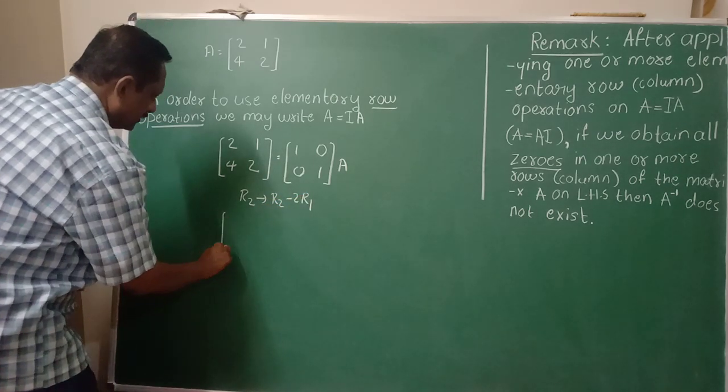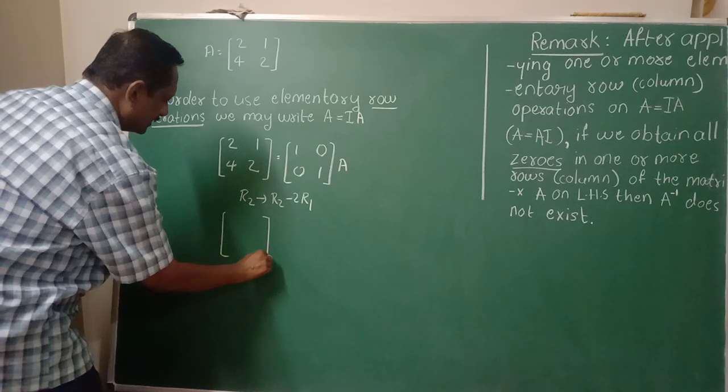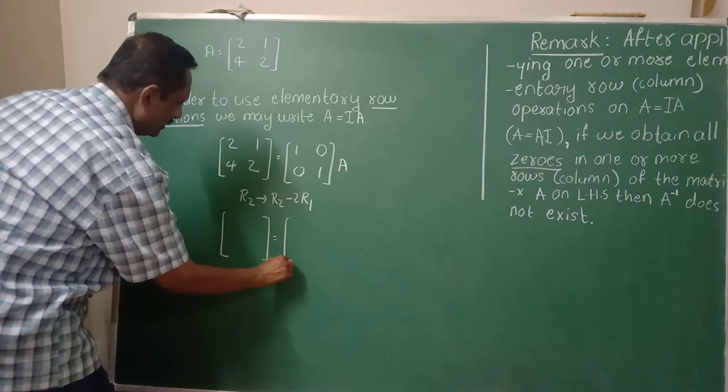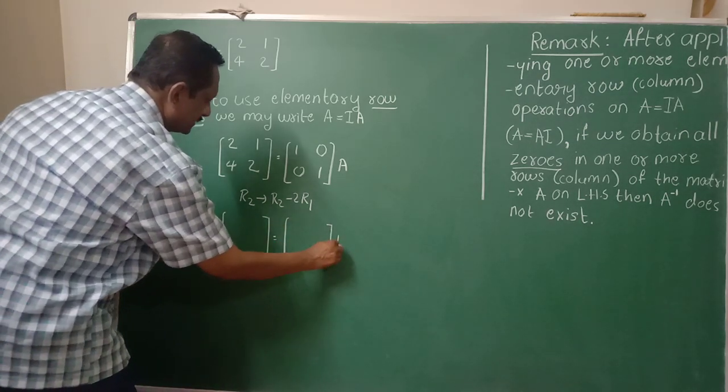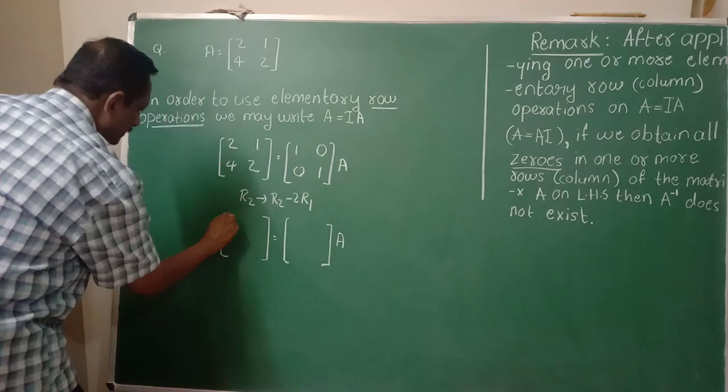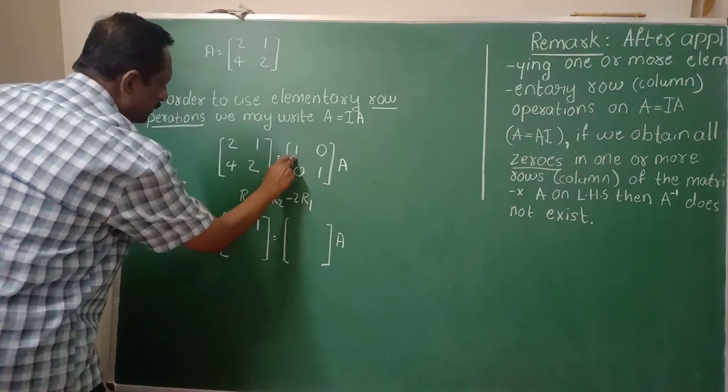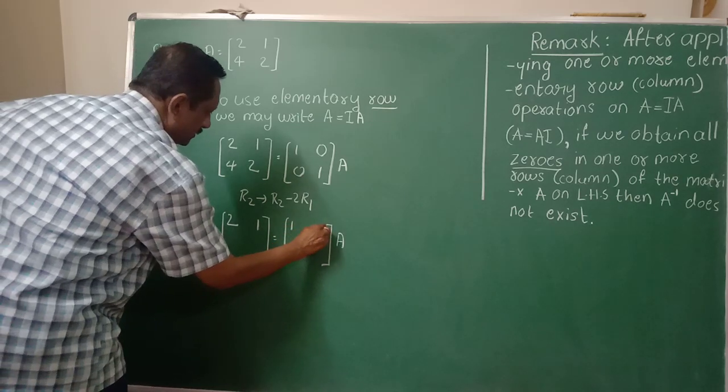So the second row changes and the first row elements stay as they are: 2, 1, 1, 0.